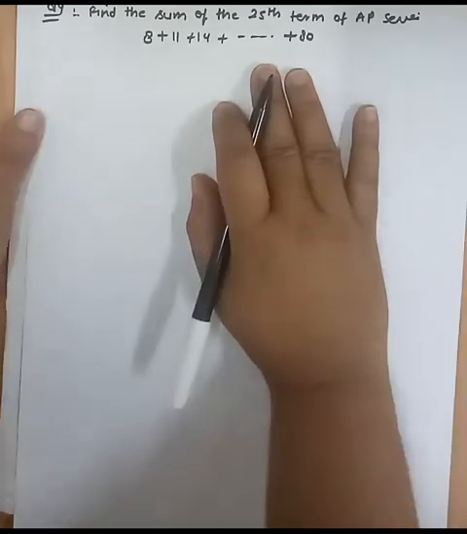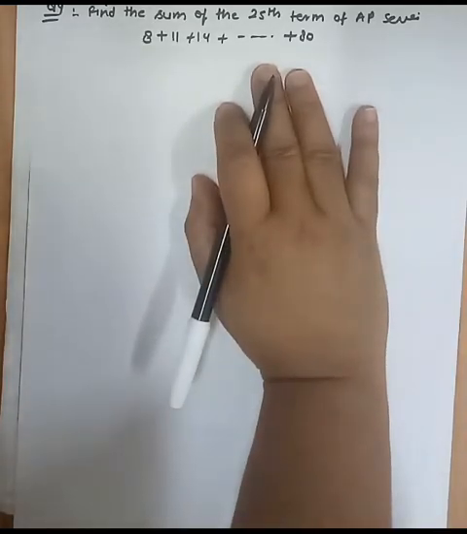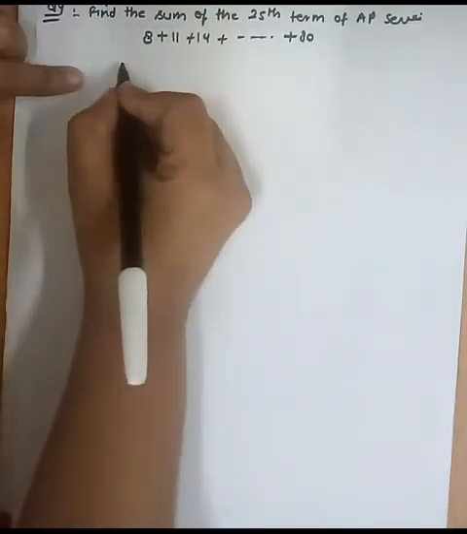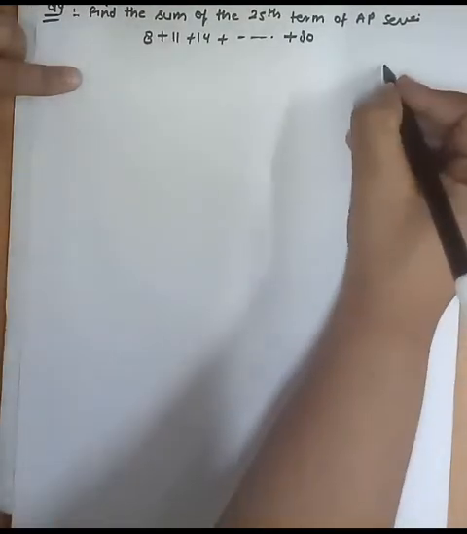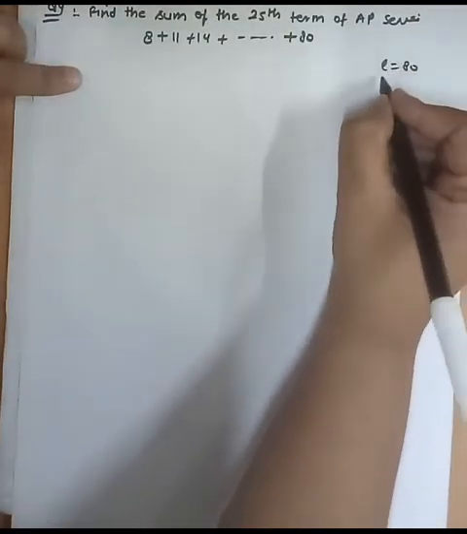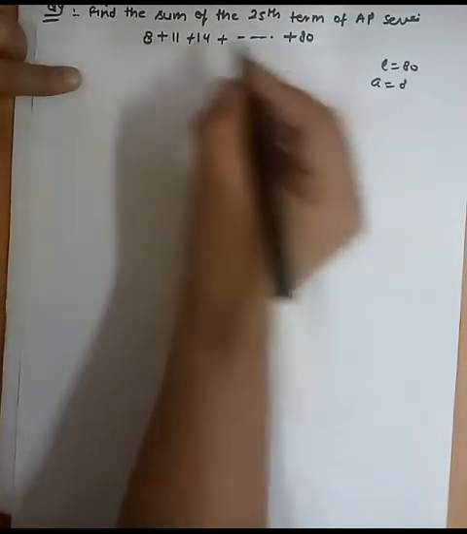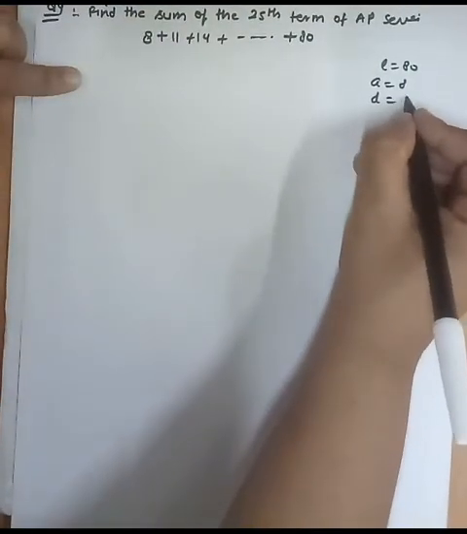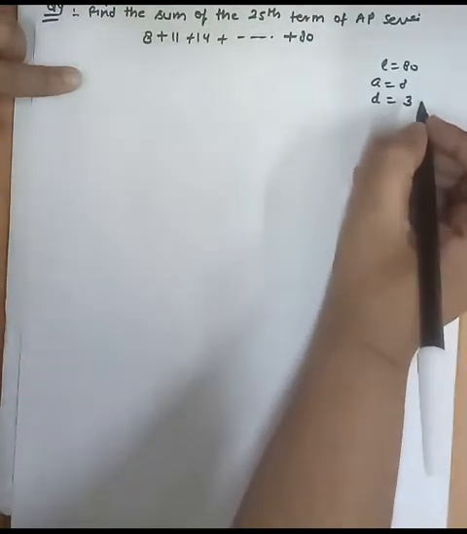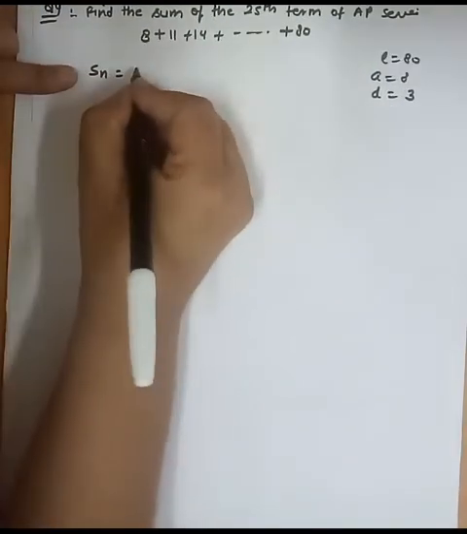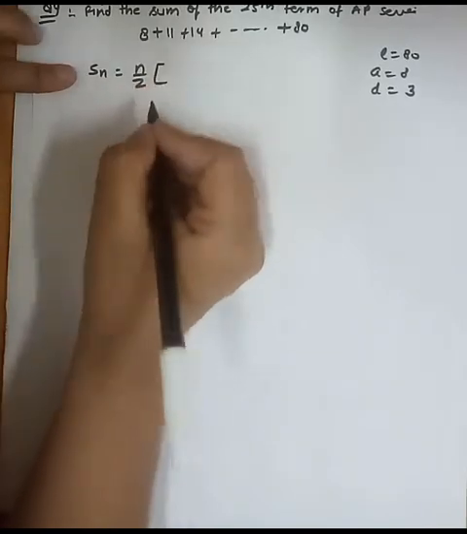Okay. So first here you can apply the formula as we know, because here L equal to 80 and a is 8, and 11 minus 8, it means d is 3. Okay, so we know the formula Sn equal to n by 2 times (a plus L).